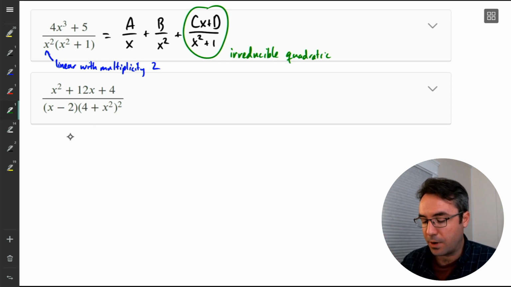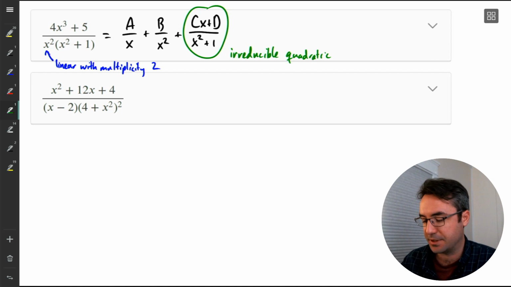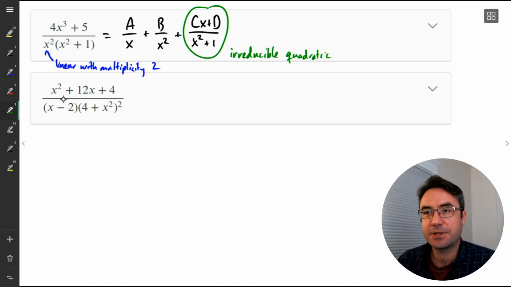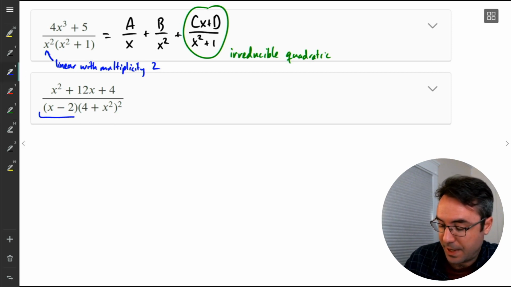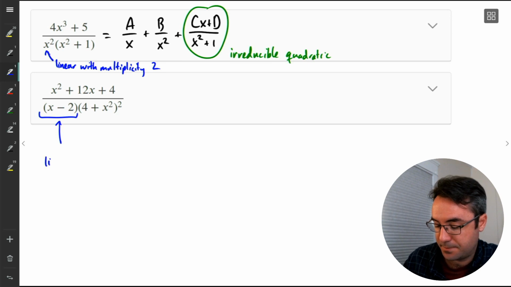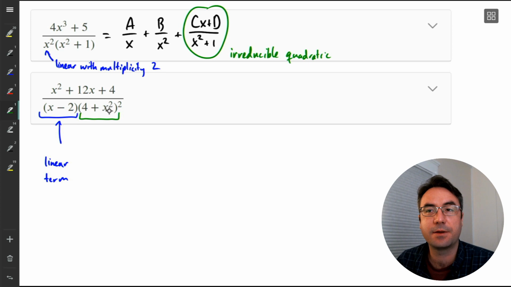All right, let's try one more of these. We're just writing out the format for our partial fraction decomposition. We'll see how to find these coefficients in a couple examples. So let's try x squared plus 12x plus 4 over x minus 2 times 4 plus x squared, squared. When we look at this, we have a linear term right here. And then we have another irreducible quadratic, 4 plus x squared.